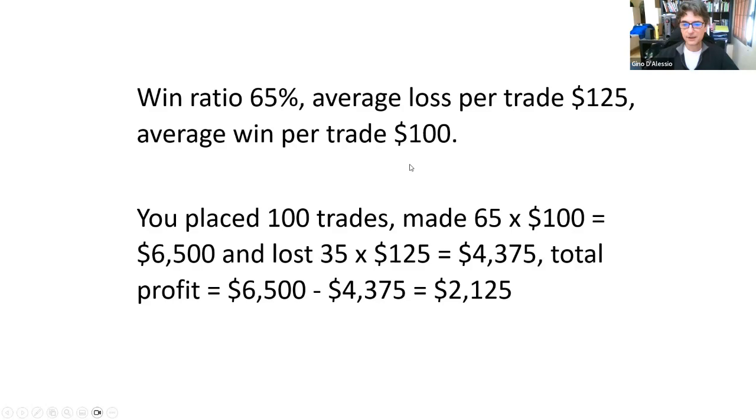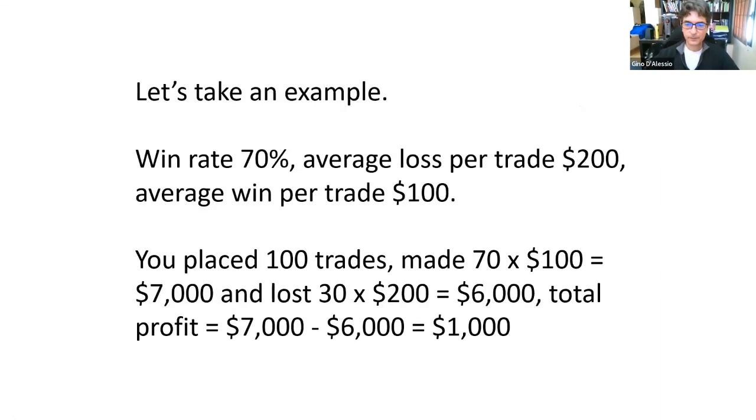In this case, you'll see that the profit is $6,500, the loss is $4,375, and you made a profit of $2,125. Already that's an incredible increase over the previous backtested data.